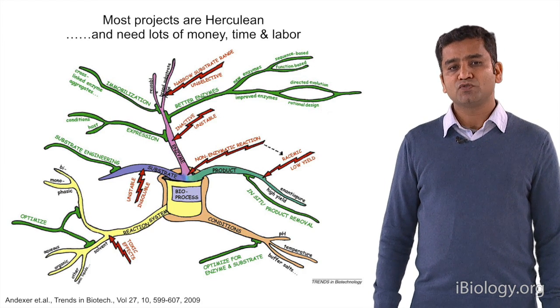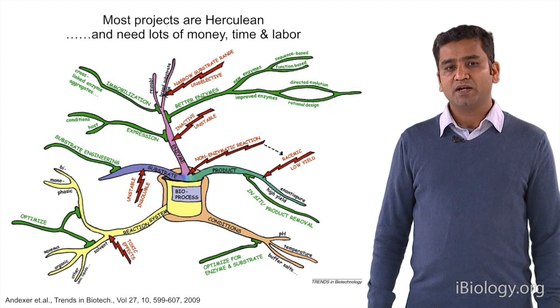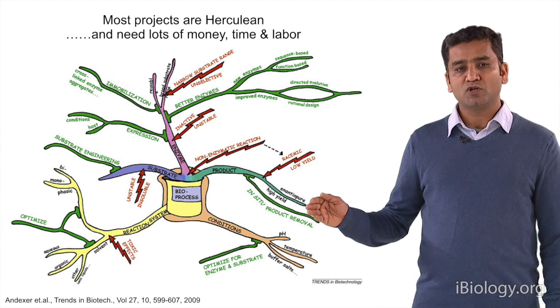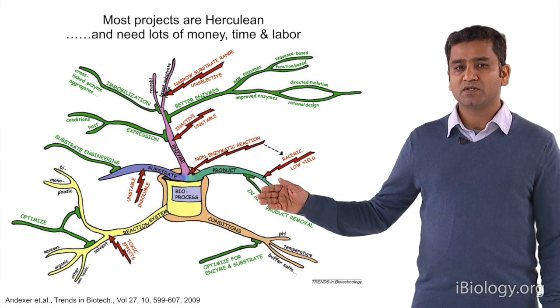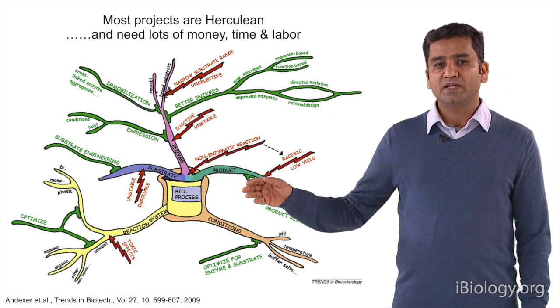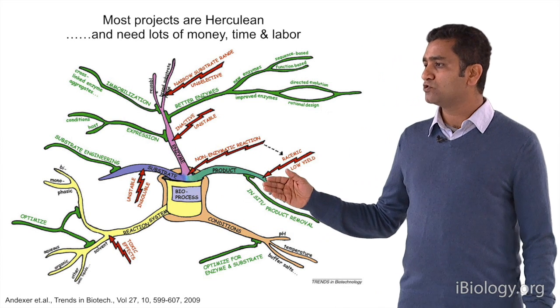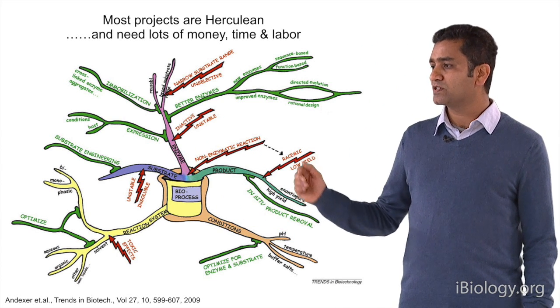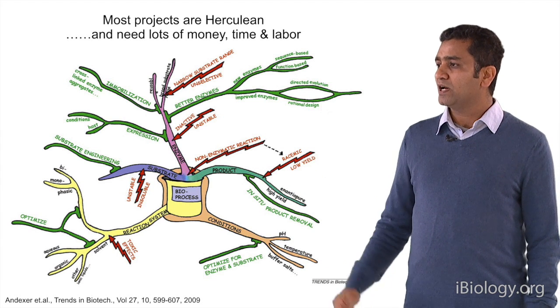If you zoom out, every application has its unique challenges, and it needs a lot of money, time, and labor to optimize because it's not a simple solution. In this case, a bioprocess platform has multiple branches. The substrate needs to be engineered, the product needs to be optimized, recovery of products, and reaction systems and conditions need to be optimized, and so on and so forth.